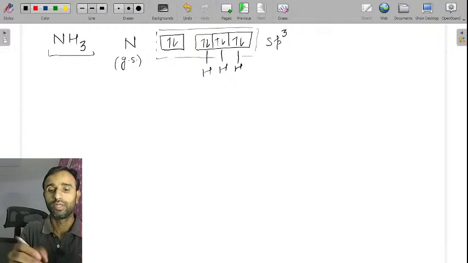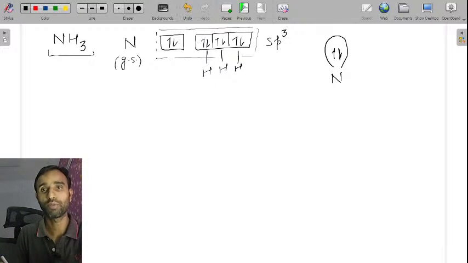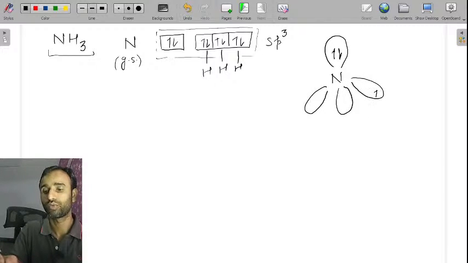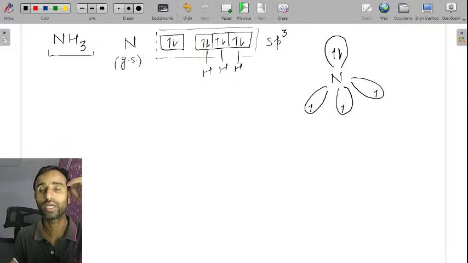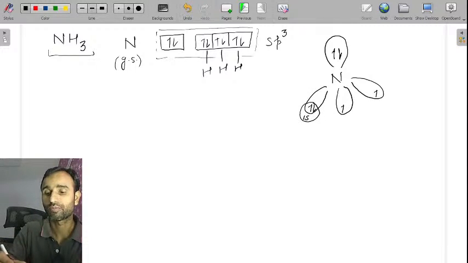Okay. So nitrogen has 1 lone pair. You can write like this, or simple dots serve the purpose, and 3 orbitals with 1 electron each. 3 sp3 hybrid orbital with 1 electron each, that will overlap with 1s orbital of hydrogen.